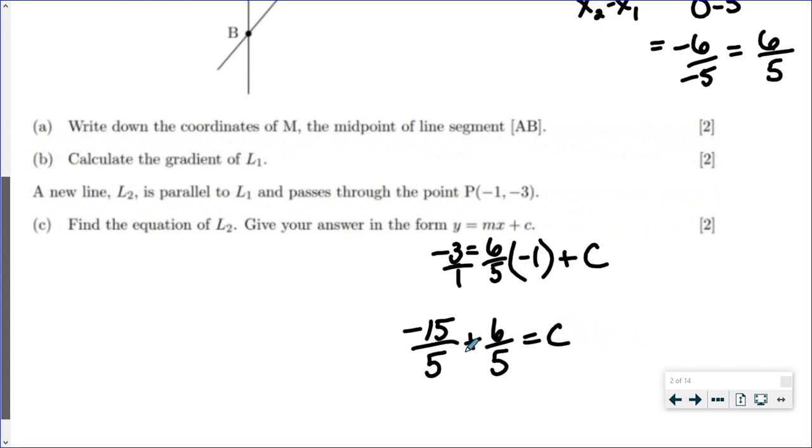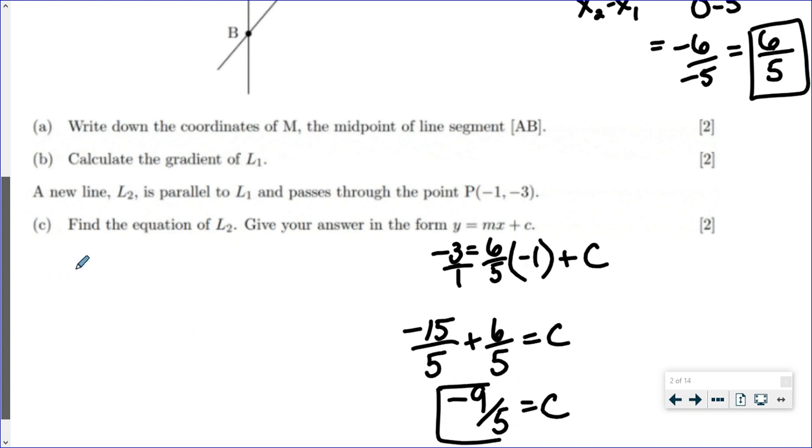So -15/5 plus 6/5 is -9/5. Now I have my m up here and my c down here, so y is equal to 6/5 x minus 9/5. Again, very straightforward algebra 1.